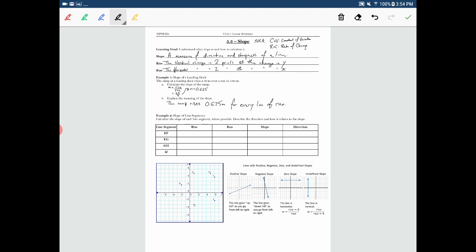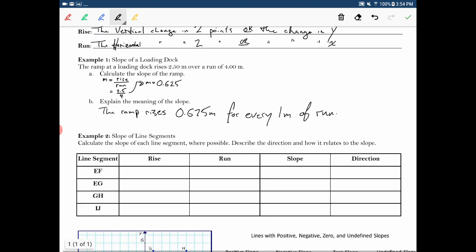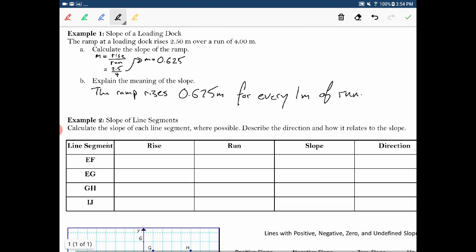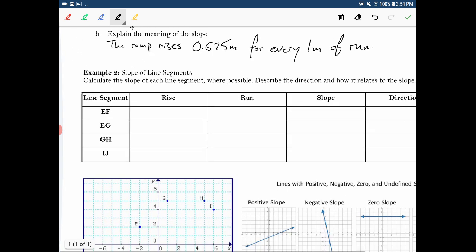Okay, that's what that means. I mean, you could also have worded it as it rises 2.5 for every 4, but that's confusing. Not that this isn't confusing, but anyway.